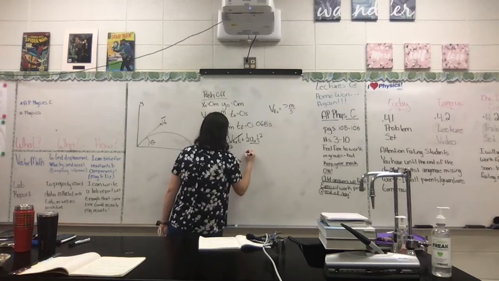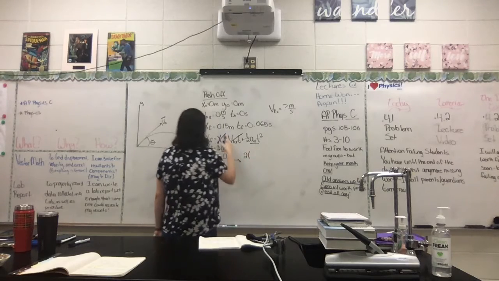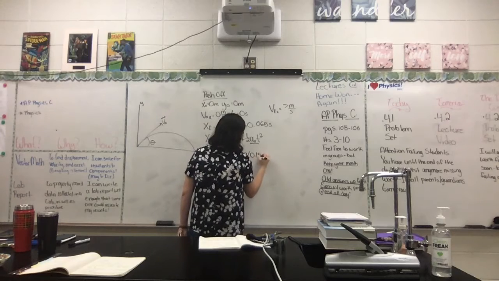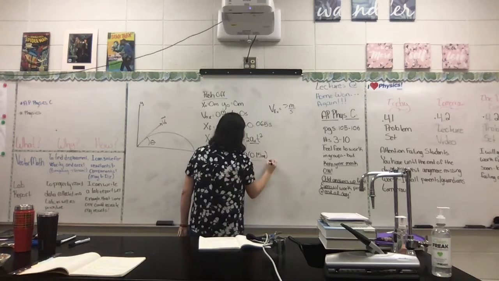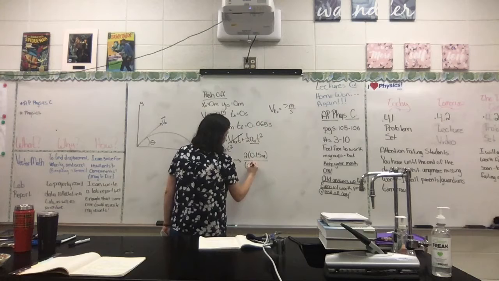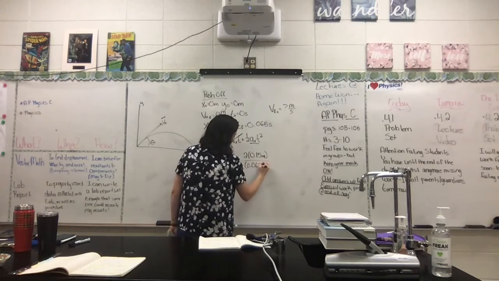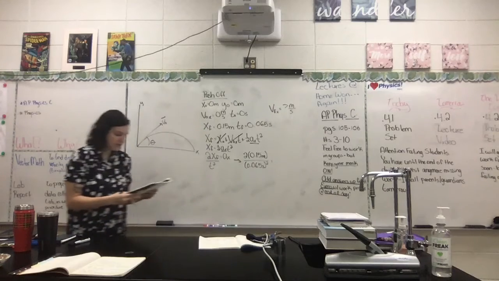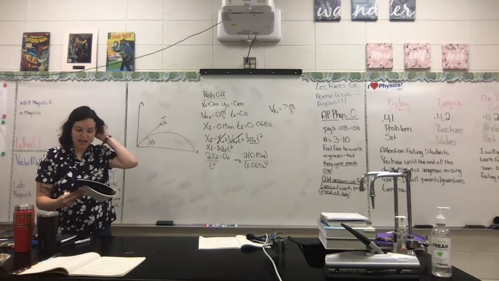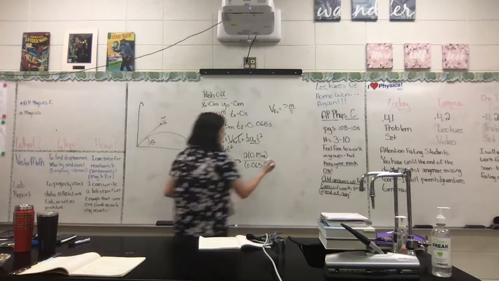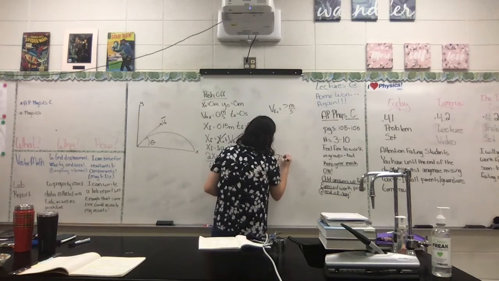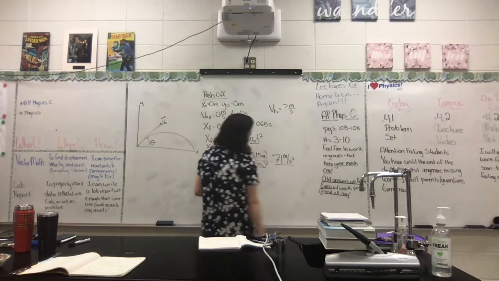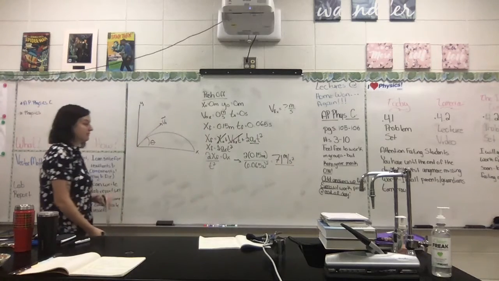Now we have all the values we need to plug in. We have 2 times our xf of 0.15 meters, divided by our time of 0.065 seconds squared. If you type that into your calculator, you get around 71 meters per second squared as our acceleration.